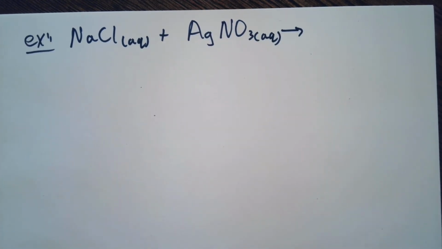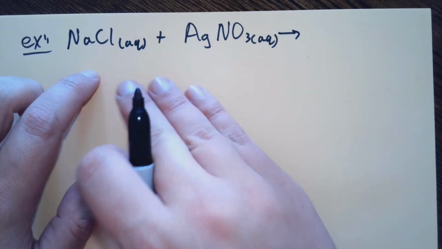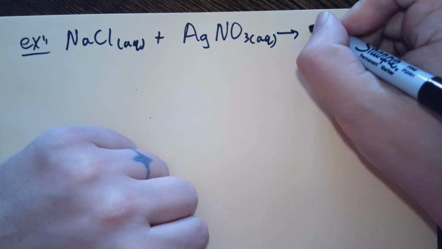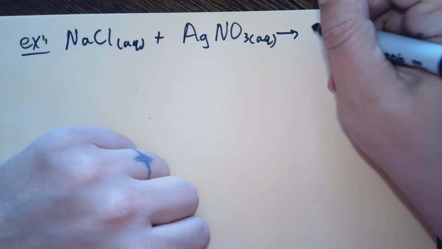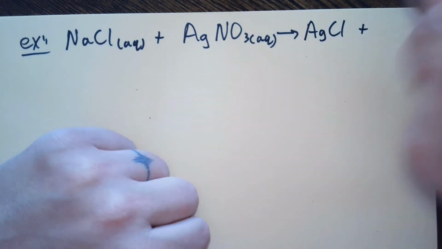So silver nitrate is going to dissolve. And here's what we do. We switch the pairings. I need to have different products than reactants, right? And so I go, oh, okay, well, I'll have AgCl, and I will have NaNO3.